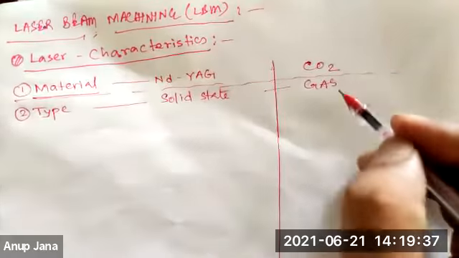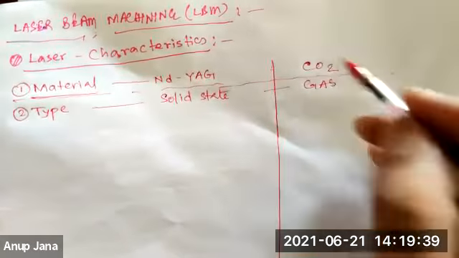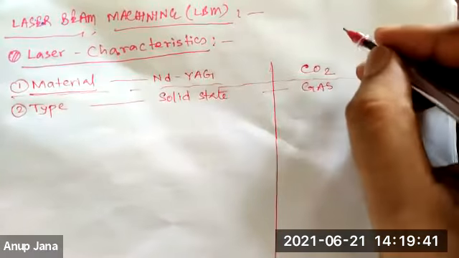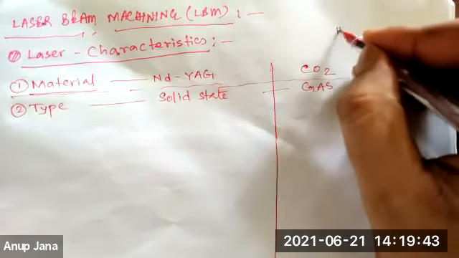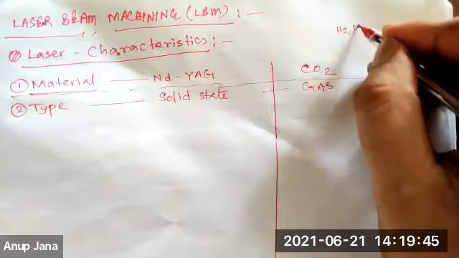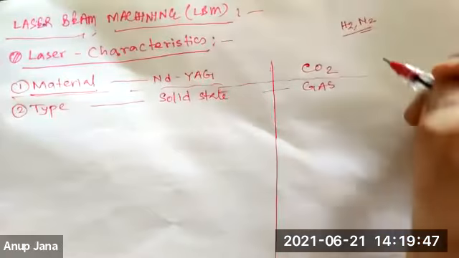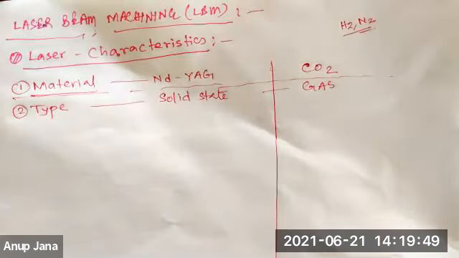So all the time we are not going to use only CO2. Along with it, I have discussed that we use hydrogen also, we use nitrogen also. Why we use those? Because they will act as coolant.